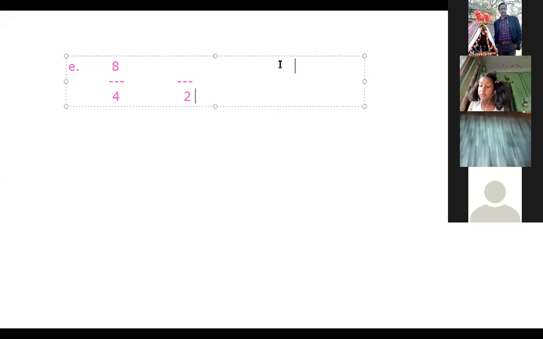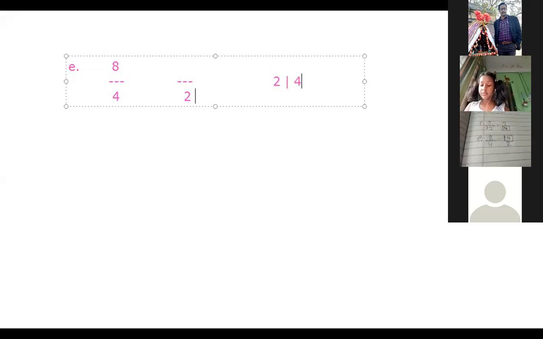So what do we have to do? We have to divide. As the numerator is smaller here, everybody watch carefully.